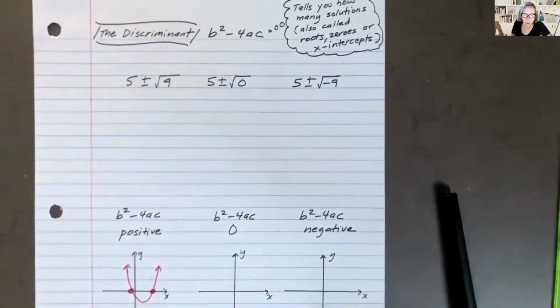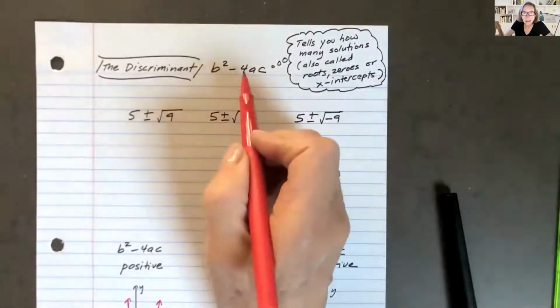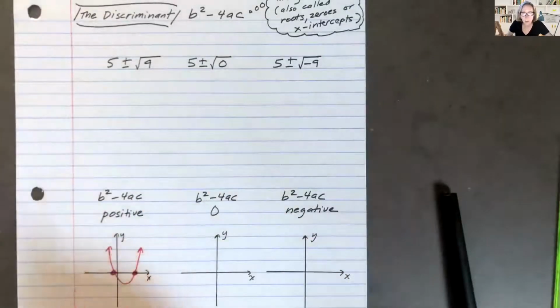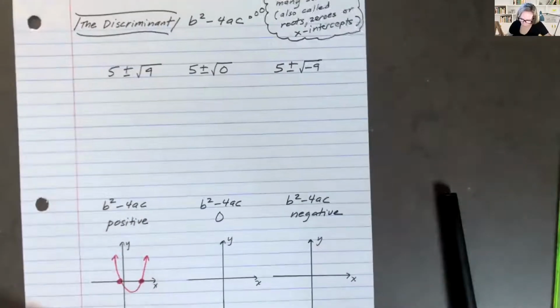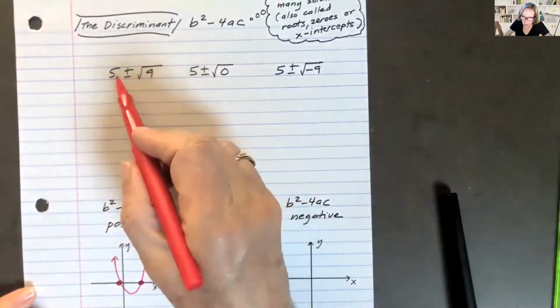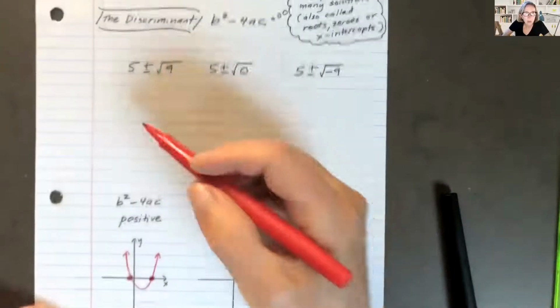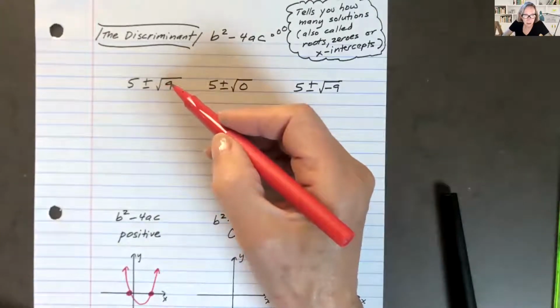Another scenario is that the value of b squared minus 4ac is negative. We end up with something that's negative. Now, if you took a negative number under the radical, let's look at what would happen. In this case, 5 plus or minus the square root of 9, would you agree that b squared minus 4ac, if it's 9, is a positive number?